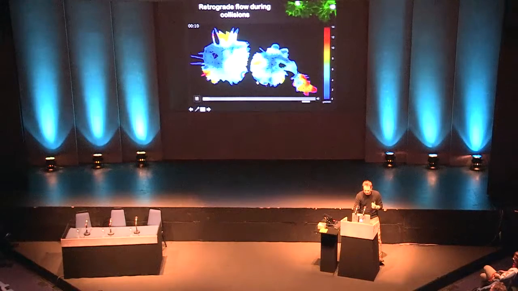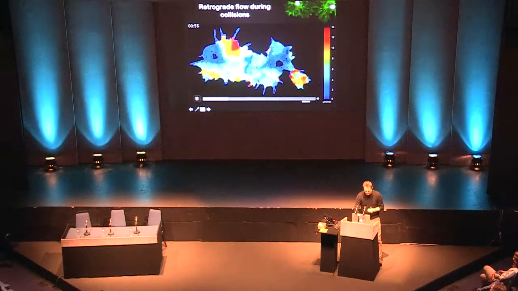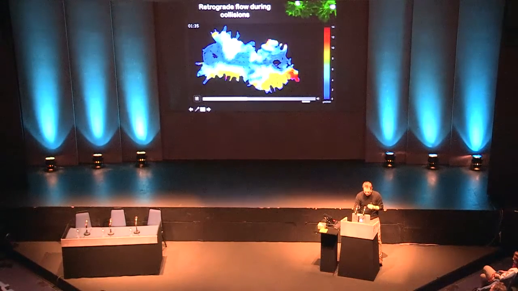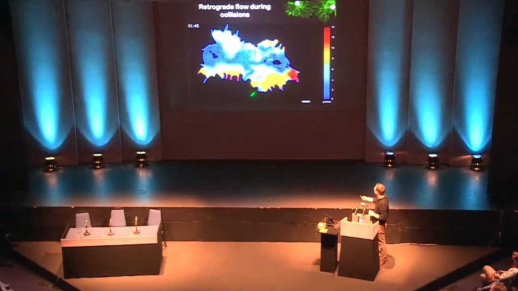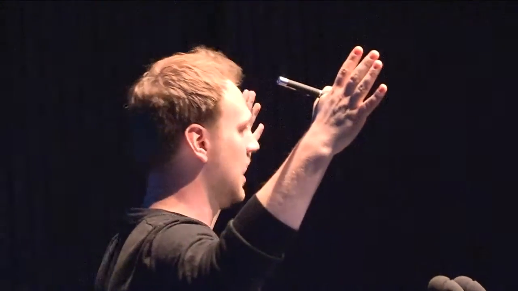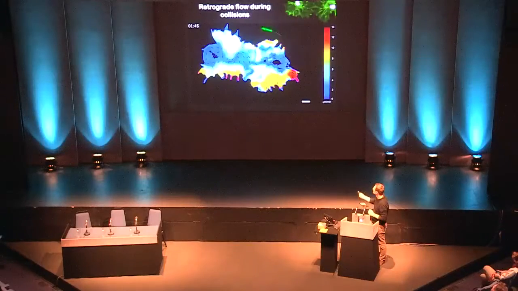However, as this corridor of low retrograde flow develops, we see that the direction of flow reorients, and that now flows from the periphery of the cell where it's still assembled, but it flows towards this region of low retrograde flow. So the actin network is now being moved towards this region, and this seems to coincide with the formation of this actin fibre.